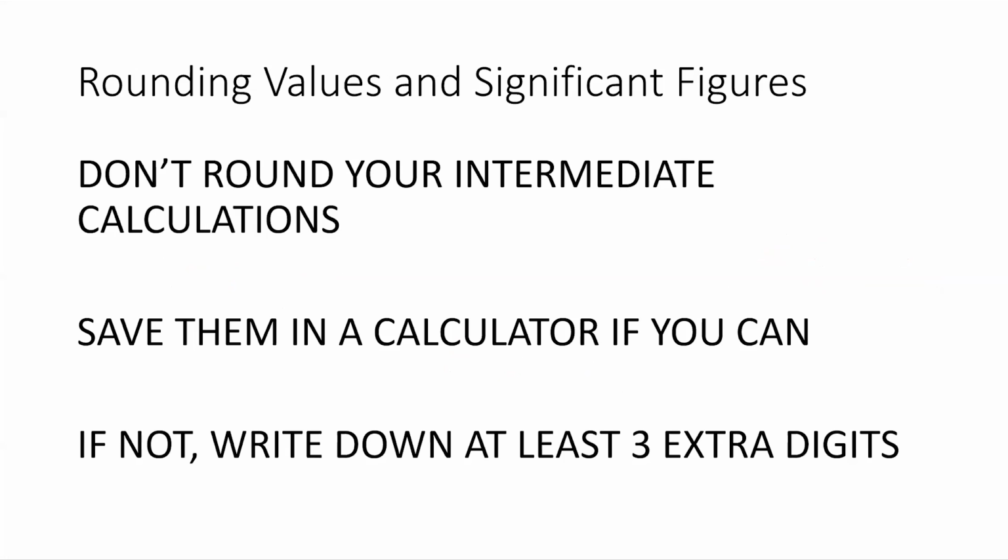And then a quick note on rounding values and significant figures. This is a little bit less important since we're not doing a lot of stuff by hand and you're not turning in physical homework assignments. But don't round intermediate calculations. Save them in a calculator, write them down. Again, not super relevant because we're doing this online, but you don't want to round intermediate values because you'll end up with rounding errors by the end and actually have very different numbers from what the correct numbers are.